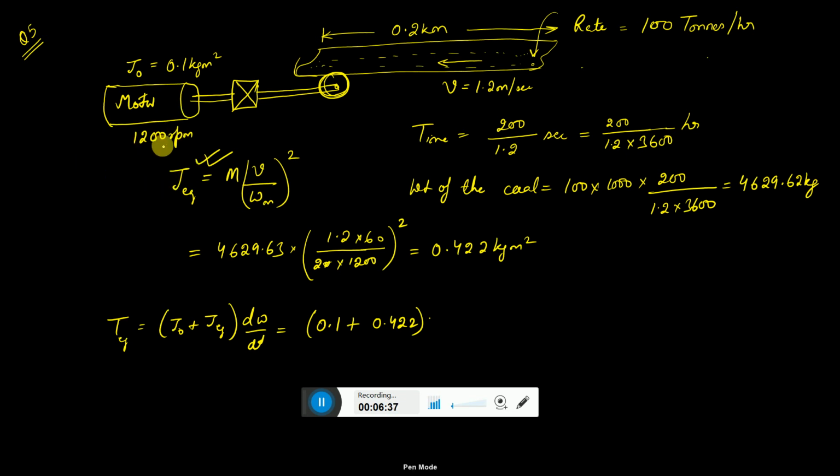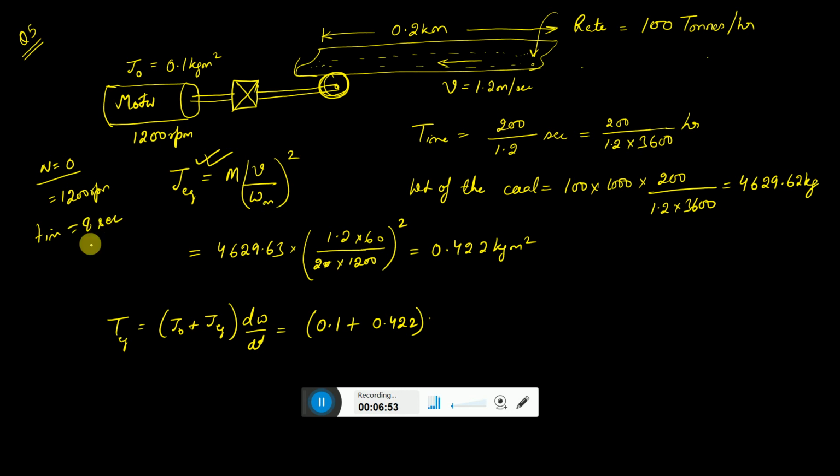Let us say the motor rotates from an initial speed of 0 rpm to the speed of 1200 rpm, that is from 0 to 1200. It takes a time of 8 seconds.